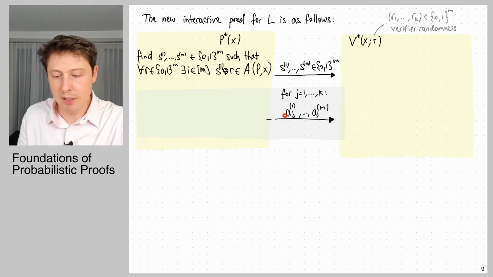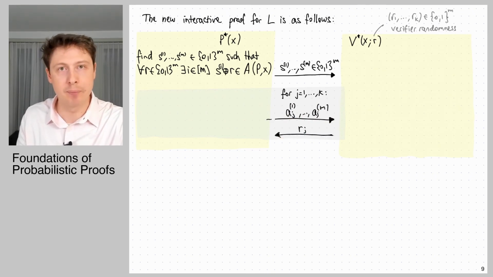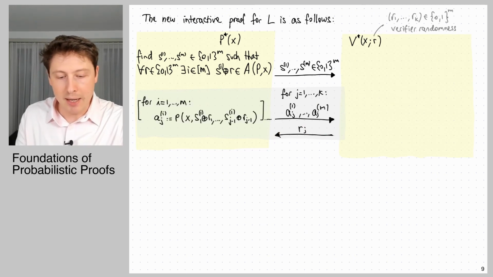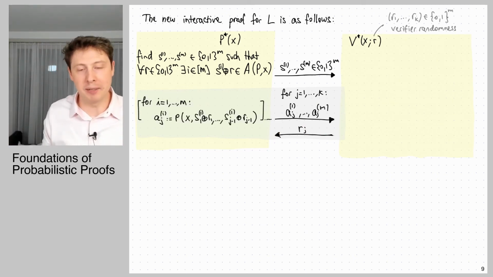In each round j, the prover is going to send m messages, one for the first execution, one for the second execution, and so on, which is why we have the index j here. The verifier is going to provide one randomness rj. How is the prover supposed to play?